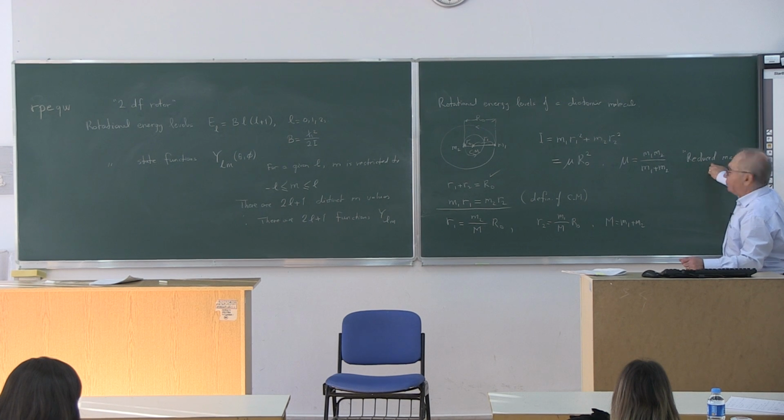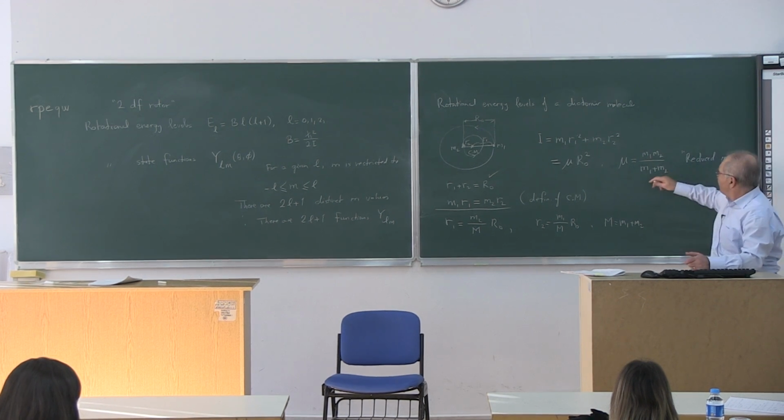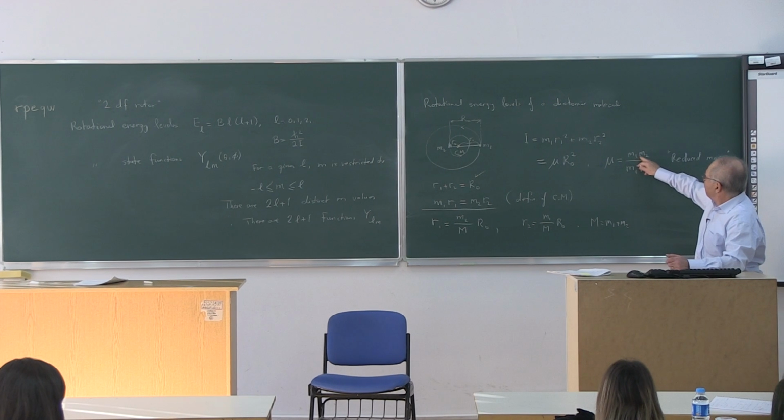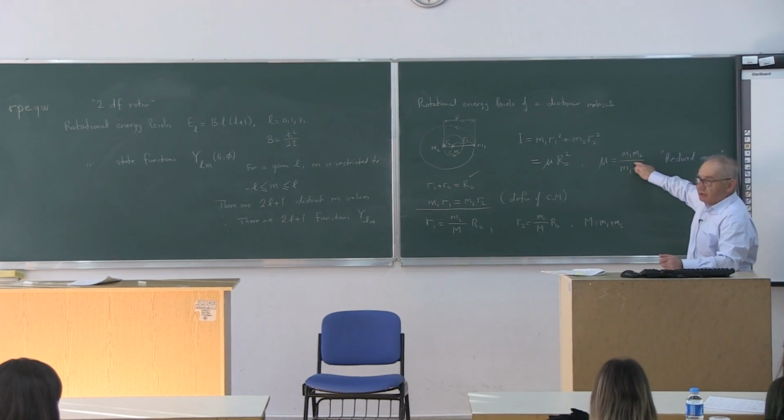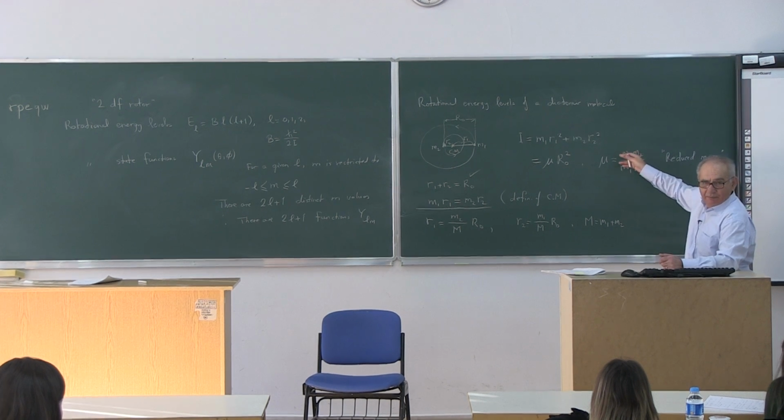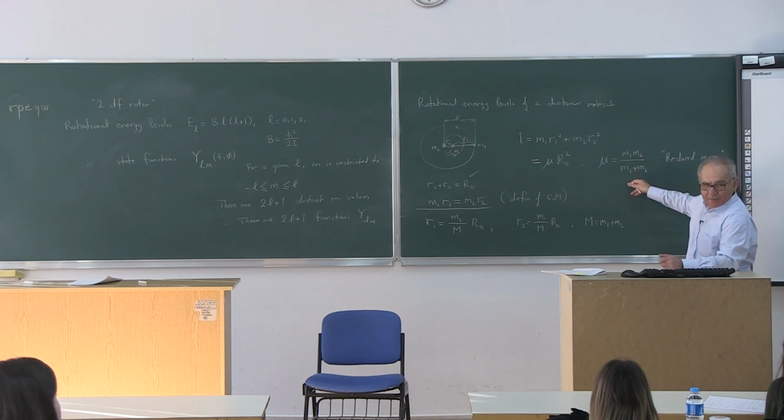Why is it called reduced mass? Because the number you obtain from this expression for any M1 or M2 value is necessarily smaller than either M1 or M2.